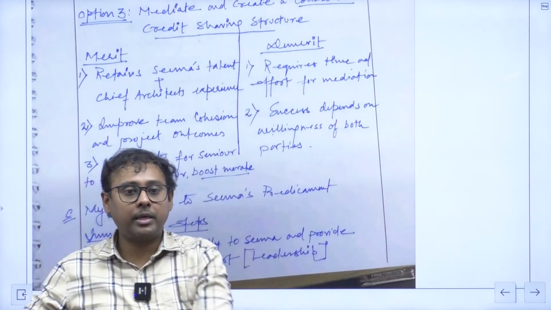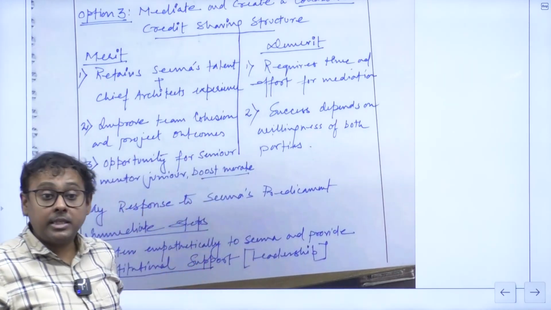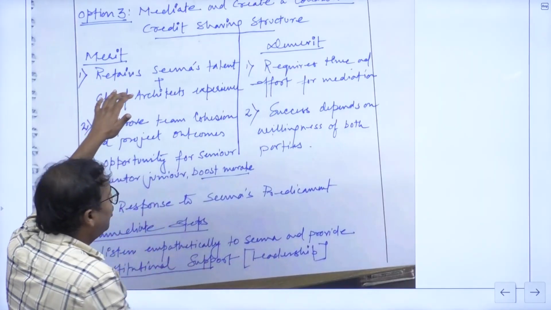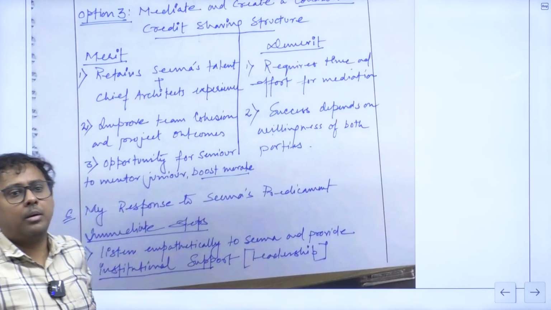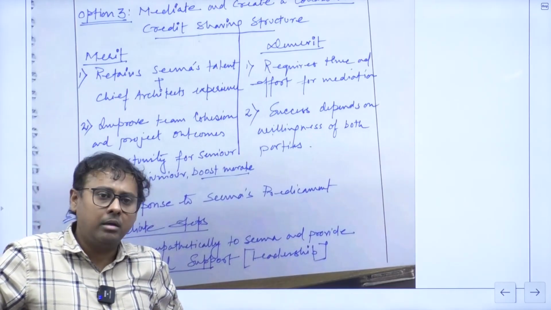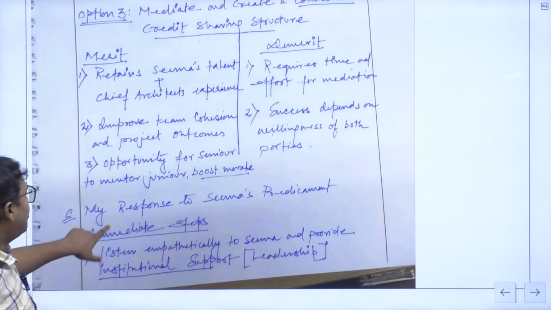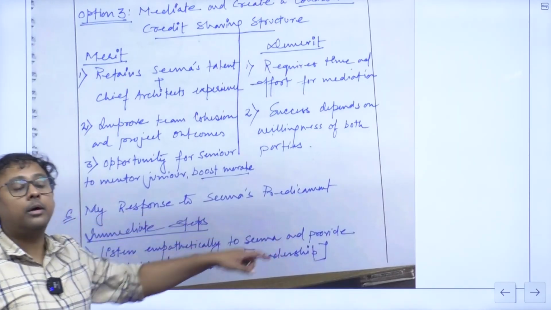Okay, we will state those values, like organizational justice, something like that. But here the weightage will be more, meaning we don't have to mention the merits again in a separate section. Then it will be a repetitive process. So my response to Seema's predicament.